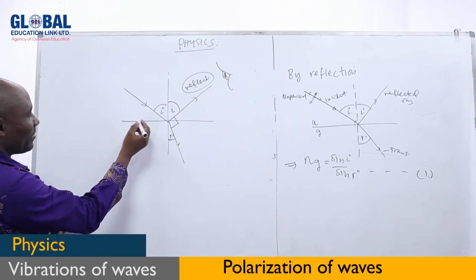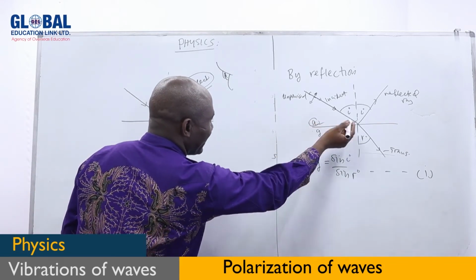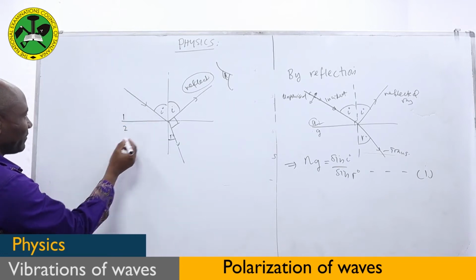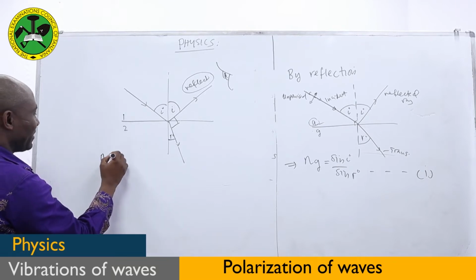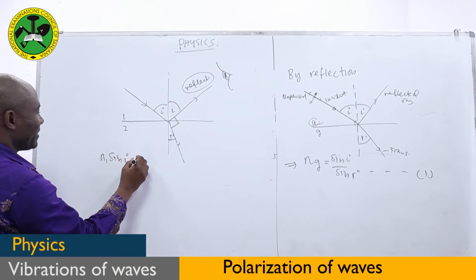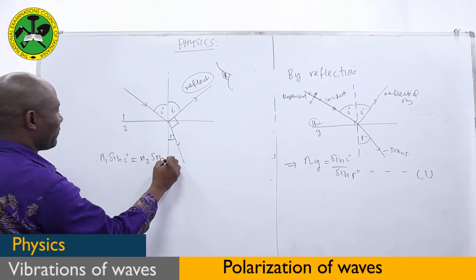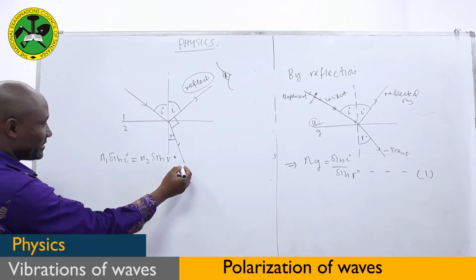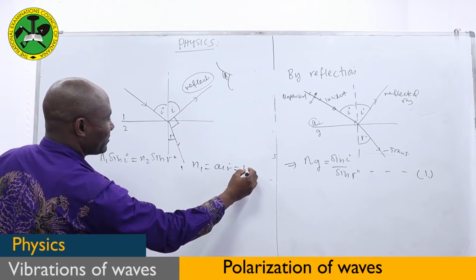When we talk about the refractive index here, if the medium is known, it is air. If it's not known, maybe medium 1 to medium 2, we have the refractive index of medium 1 times sine of the angle of incidence, which equals the refractive index of medium 2 times sine of the angle of refraction. If N1 is air, we know the refractive index of air is 1.